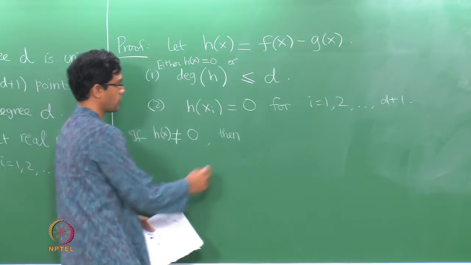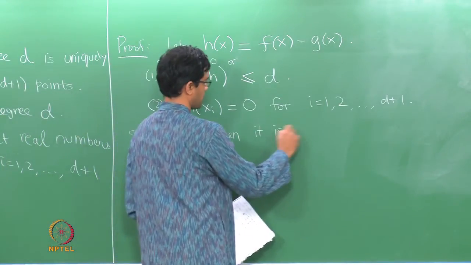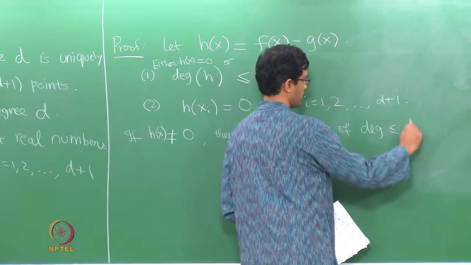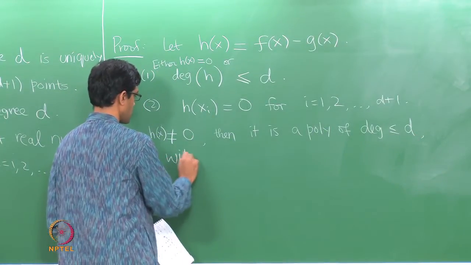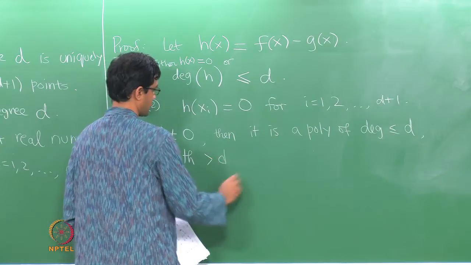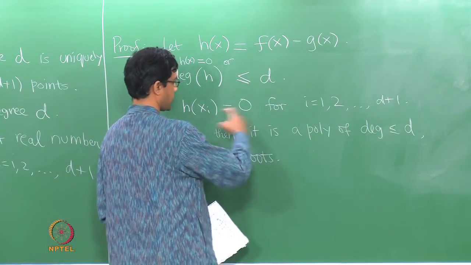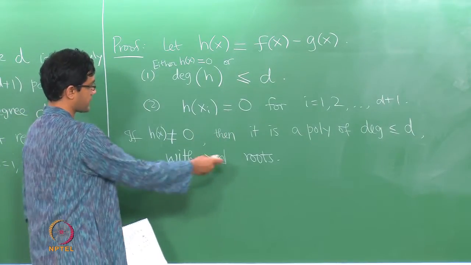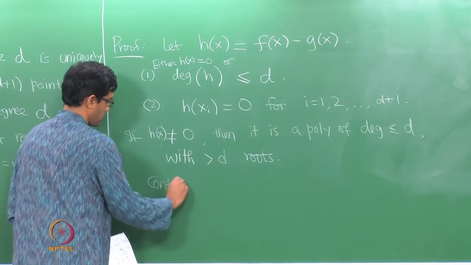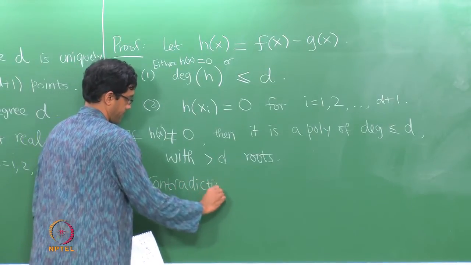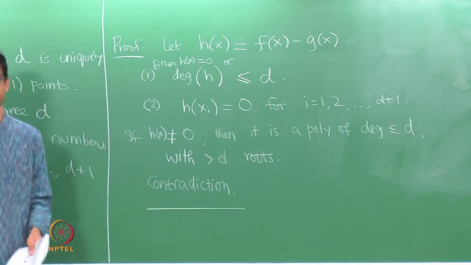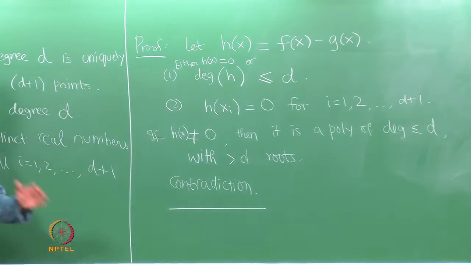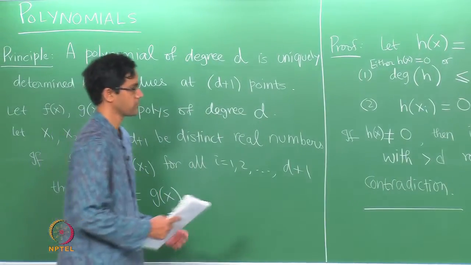If h of x is not 0, then it is a polynomial of degree at most d with more than d roots, in fact at least d plus 1 roots, and it could potentially have even more than that. That contradicts something that we already saw. So that is really the proof that a polynomial of degree d is determined once you know its values at d plus 1 points.